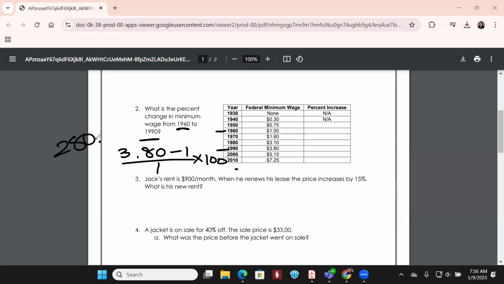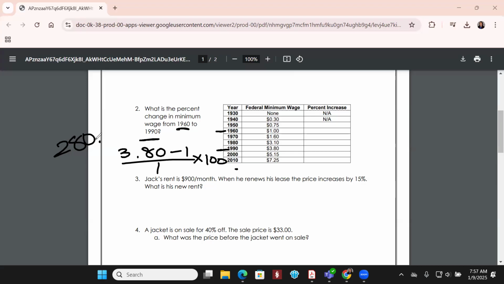Okay? Questions? 380 minus 1 divided by 1 times 100. You're just doing those 2 numbers. You're not doing every single part of that table. The table is just there for reference. Yeah? So make sure that you read what it's asking.